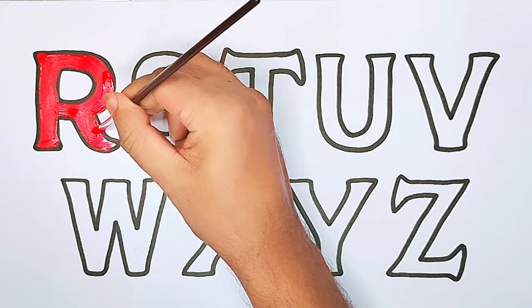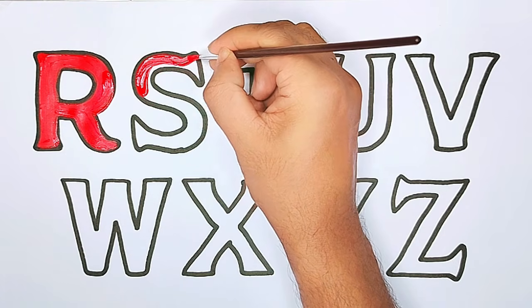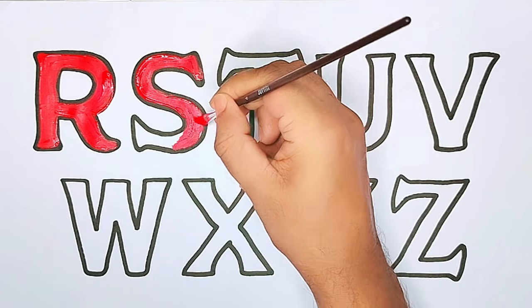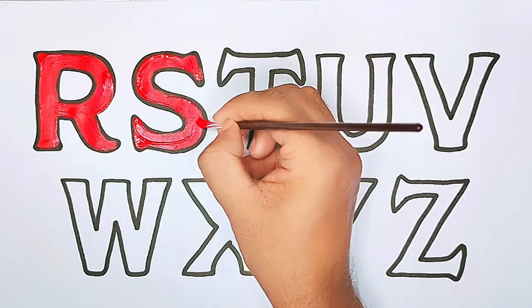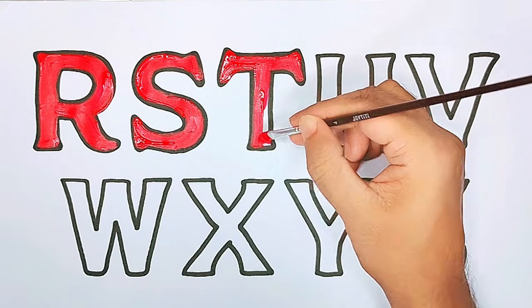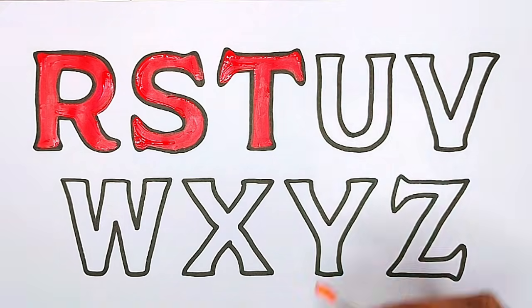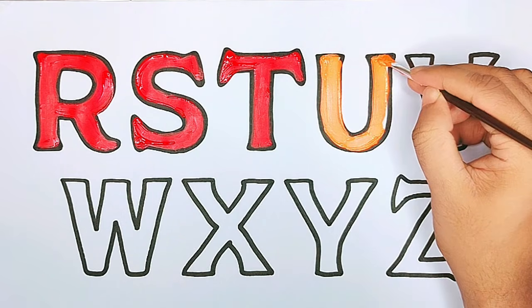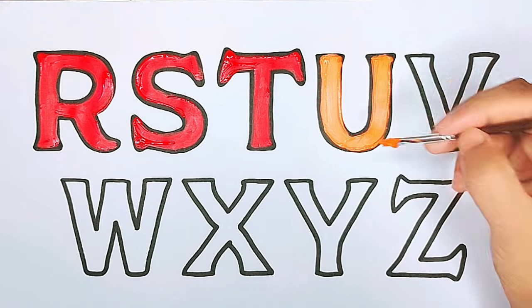R for robot. S for sheep. T for tortoise. U for urchin.